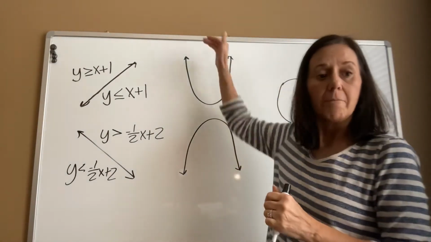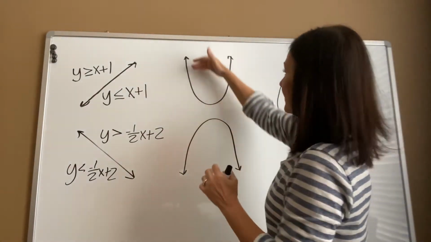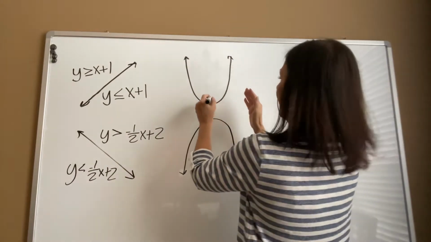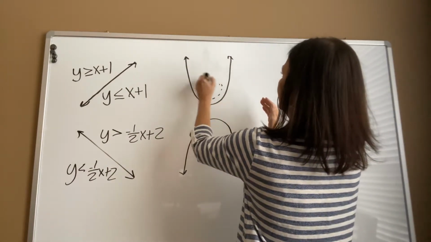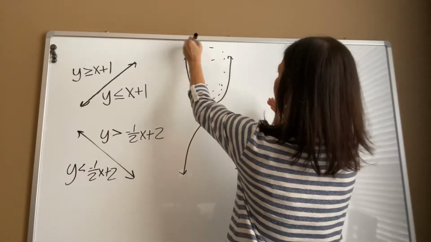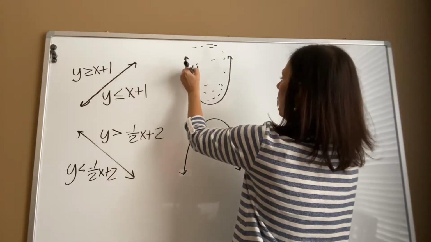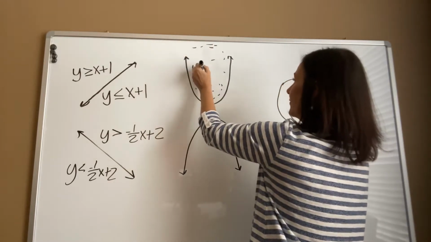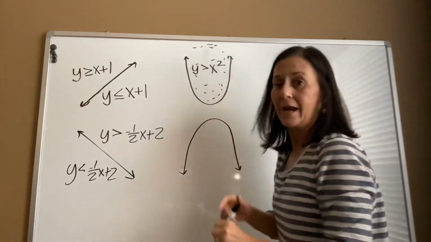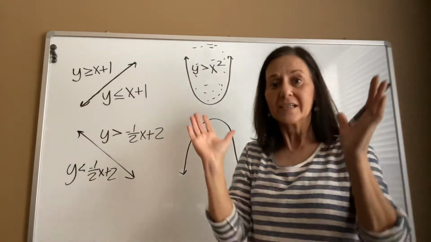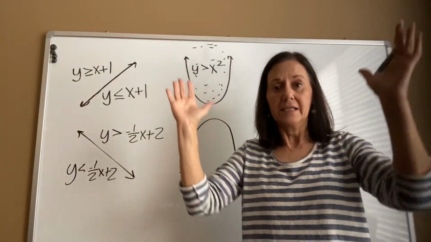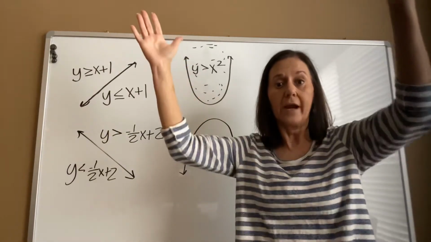All right, a parabola feels different, okay? The area above this curve, everything in here on up, right, is y greater than x squared, okay? That entire region inside the curve is greater than.